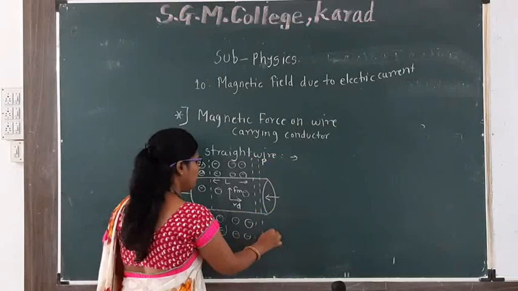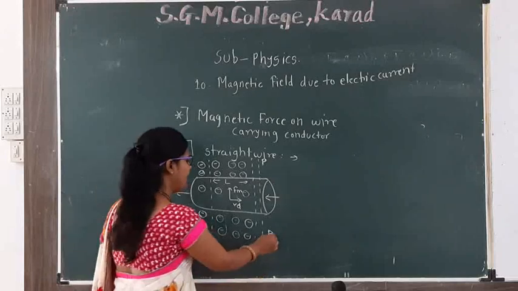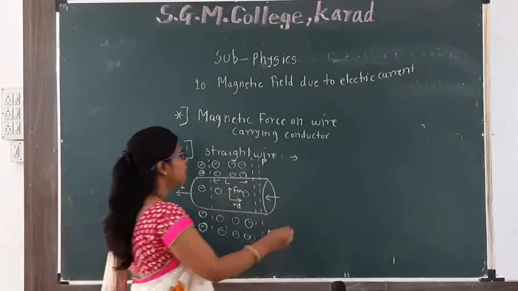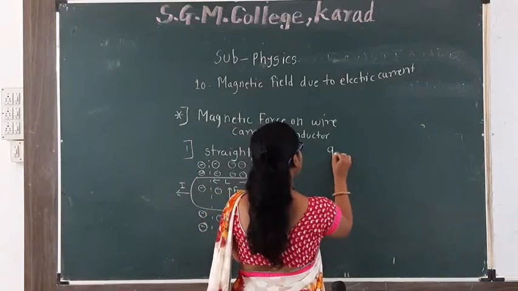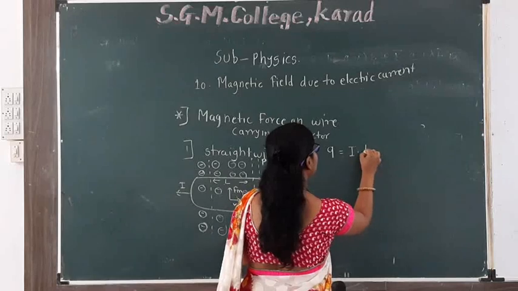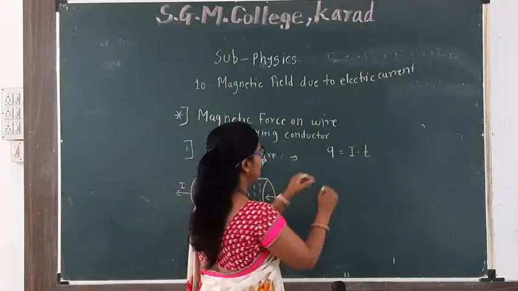Here Q is the charge on plane P dash. Now, therefore, Q is equal to I into t. All of you know that.